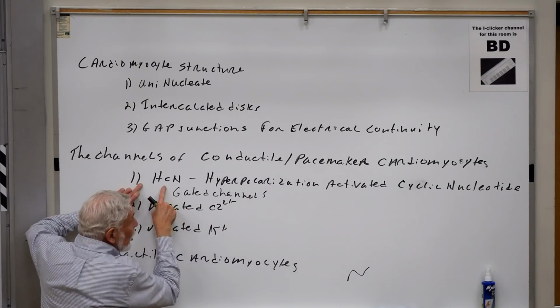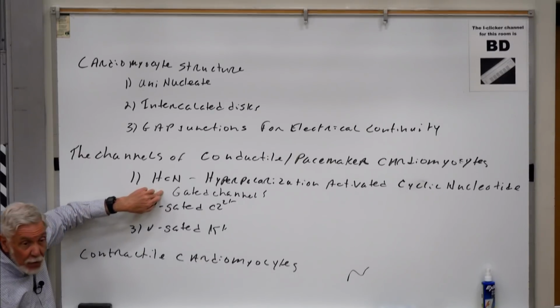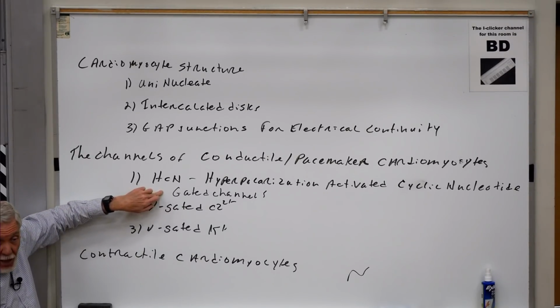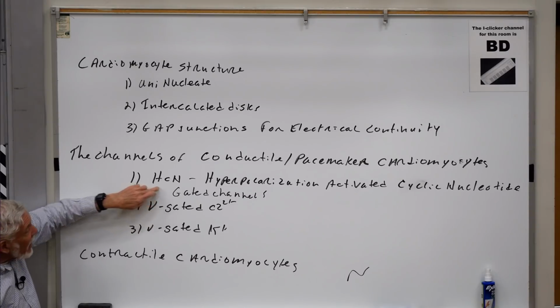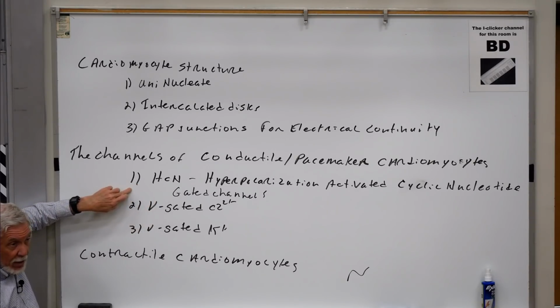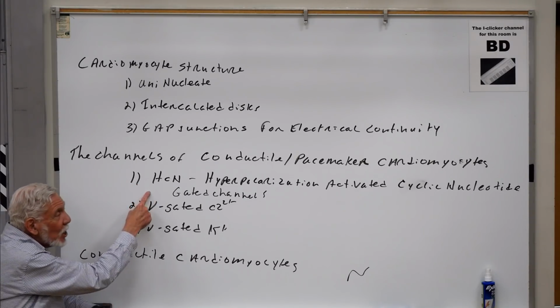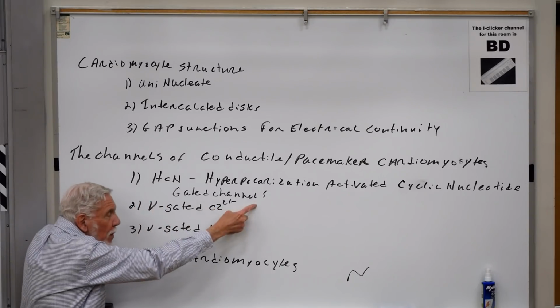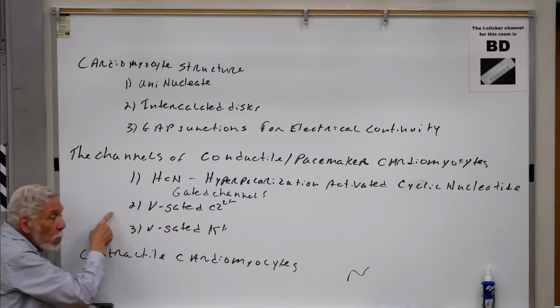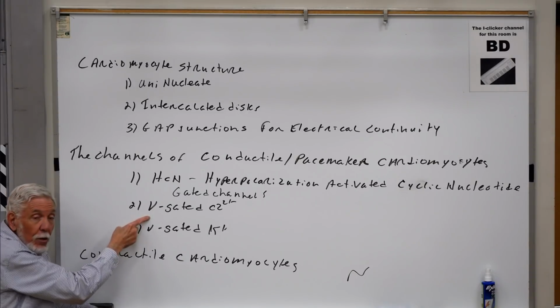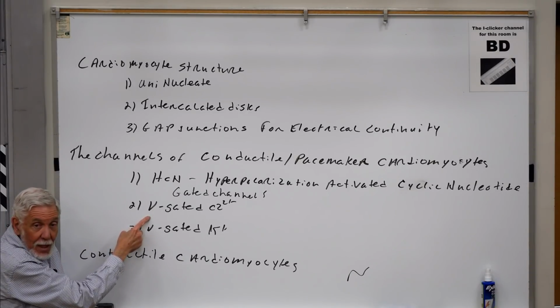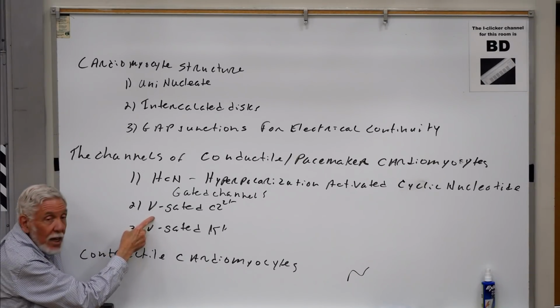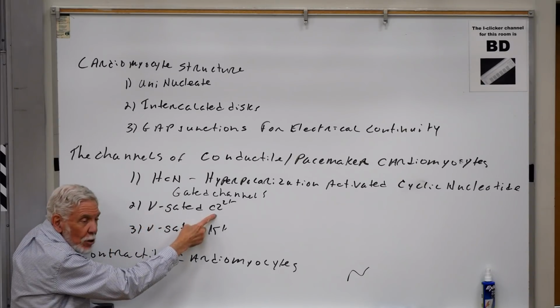These HCN channels have a permeability for sodium. So they let sodium come in, and they depolarize the membrane. The function of the HCN channels is to permit sodium to come into the cardiomyocyte, to depolarize the membrane potential until it reaches threshold. But now we have threshold for a different kind of channel: a voltage-gated calcium channel.